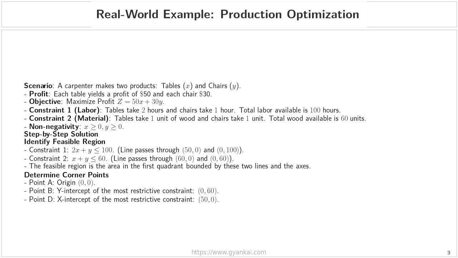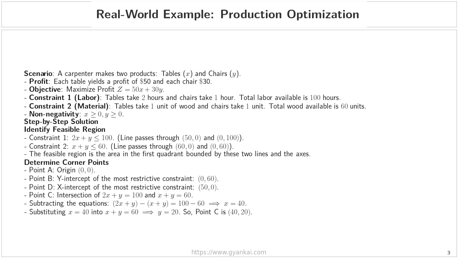Next, we must determine the corner points, or the vertices, of this region. Looking at our graph, we can clearly see 4 points. Point A is the origin, which is (0, 0). Point B is the y-intercept of the most restrictive constraint, which is (0, 60). Point D is the x-intercept of our other limiting constraint, which is (50, 0). But what about the point where the two lines cross?